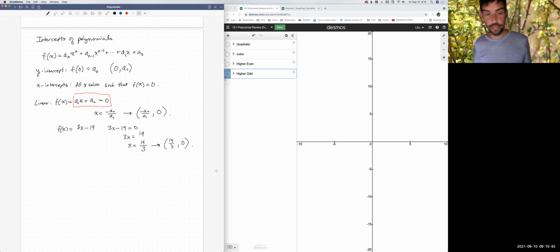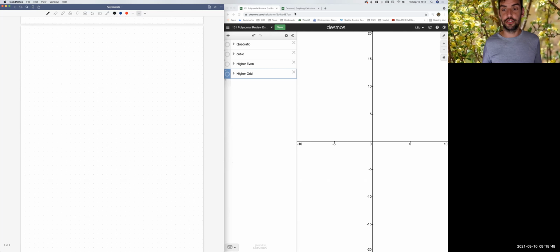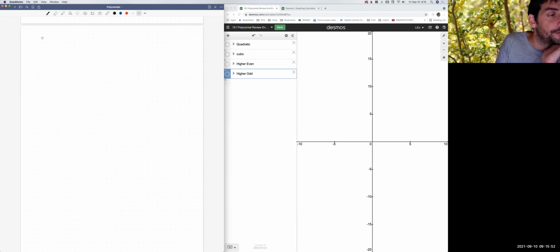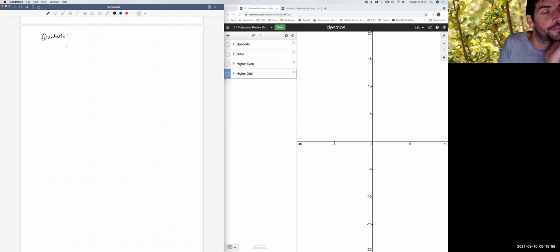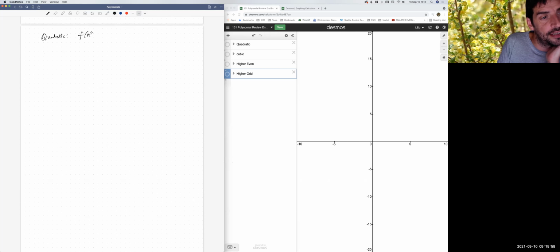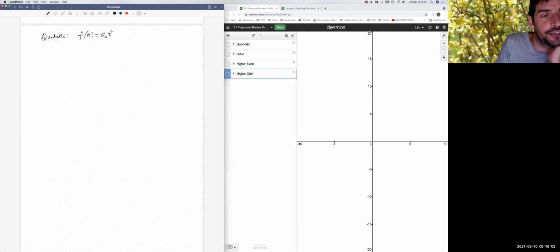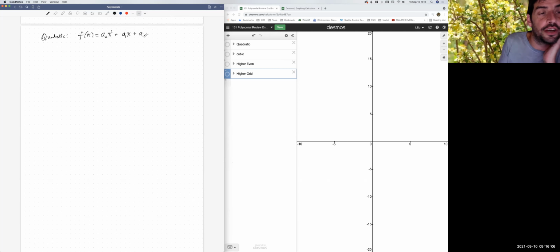What about, let's look at quadratic functions. So here we have f of x equals a2x squared plus a1x plus a naught, right?